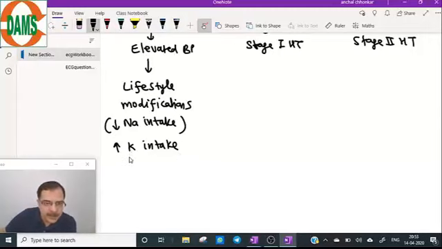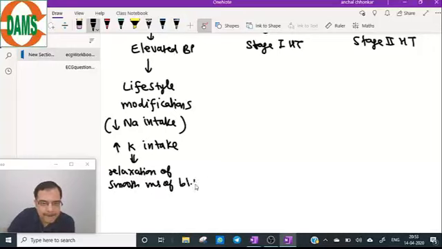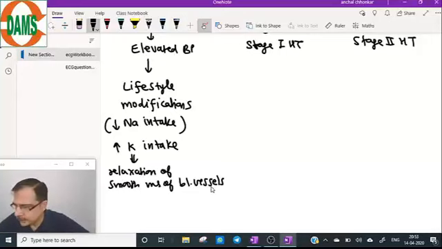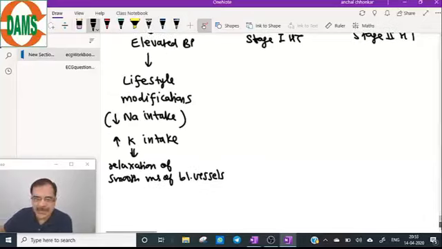So what this potassium does to the blood vessels, it causes the relaxation of smooth muscles of blood vessels. Low sodium, high potassium.